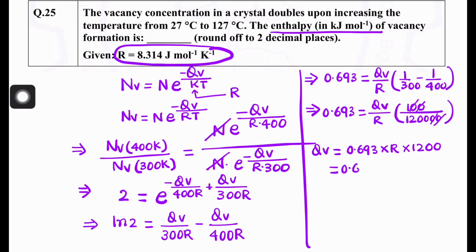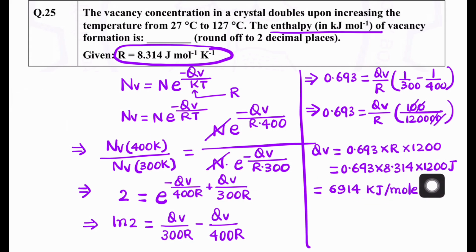So it will be 0.693 into 8.314 into 1200. That will be in joule per mole. Then we have to just multiply it. After multiplication, I will be getting approximately 6914.